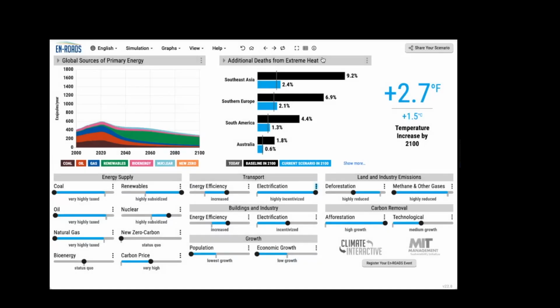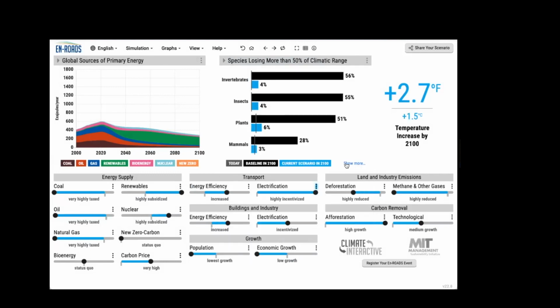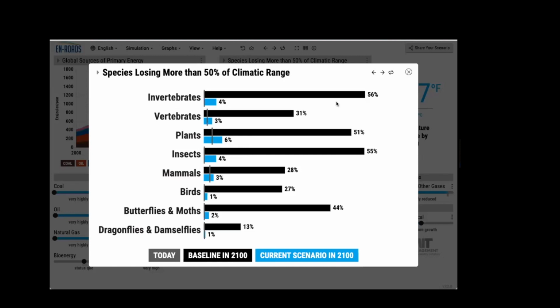And then the other one is lost species. You see what a huge impact these make. And these projections have background for how they're projecting this, and there's more that you can investigate or read about on this.